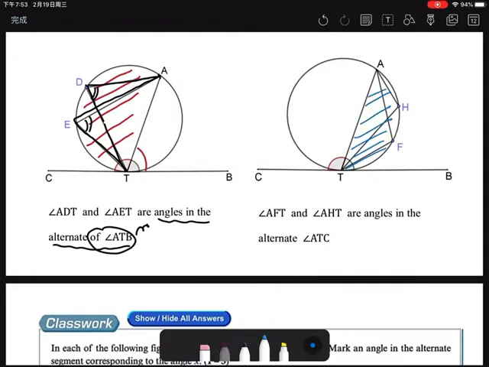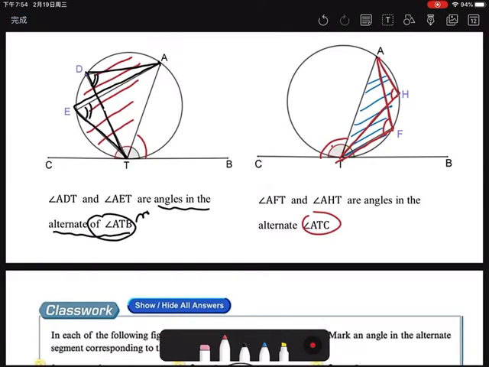Similarly, in this alternate segment, angle AHT and angle AFT are called the angles in the alternate segment of angle ATC.